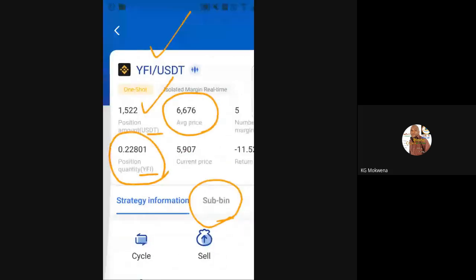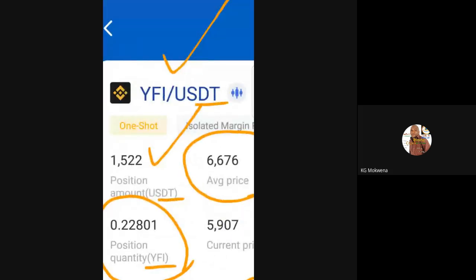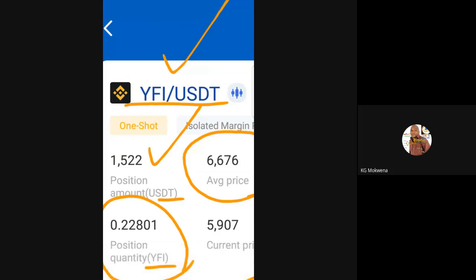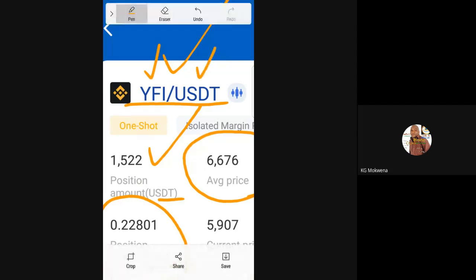And even when you check on the pair, you can see that the pair is YFI slash USDT, for instance. So I always highlight that the currency on the left-hand side is called the base currency, and the one on the right-hand side is the quote currency or pricing currency.